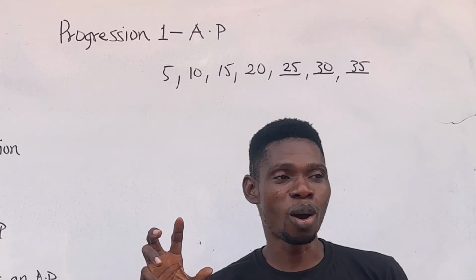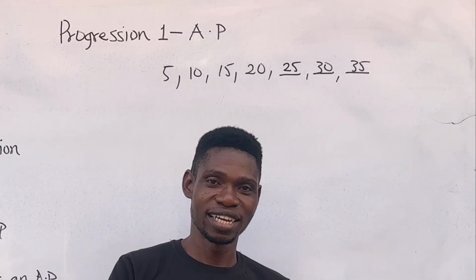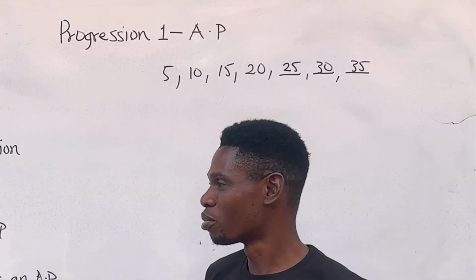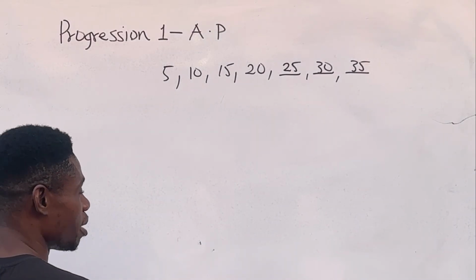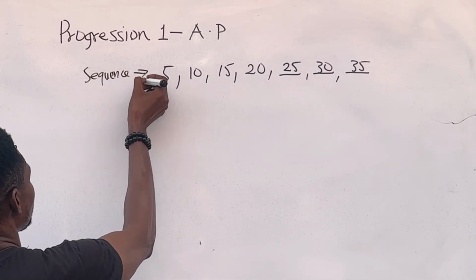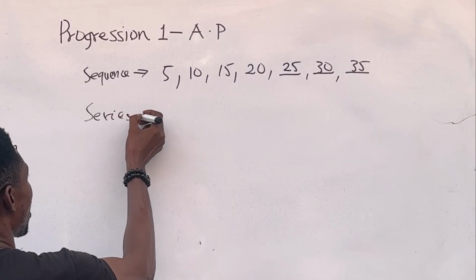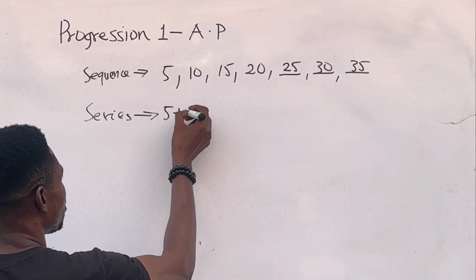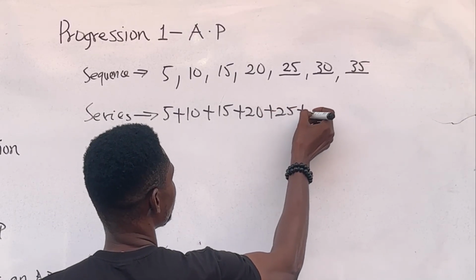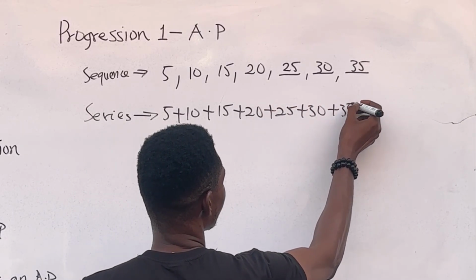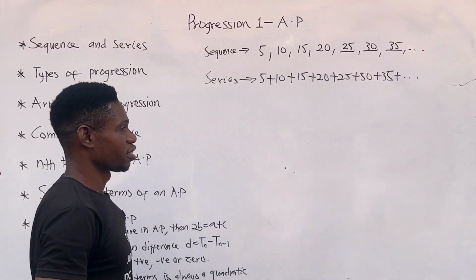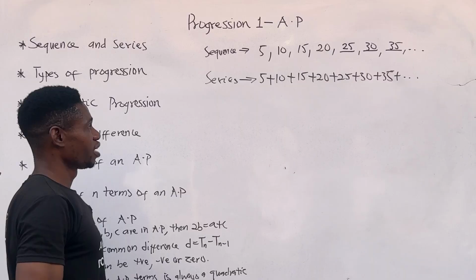Now when you get the sum of all the terms in a sequence, that is a series. For example, with this same sequence, let's add all the terms and it becomes a series: 5 plus 10 plus 15 plus 20 plus 25 plus 30 plus 35 plus and so on.